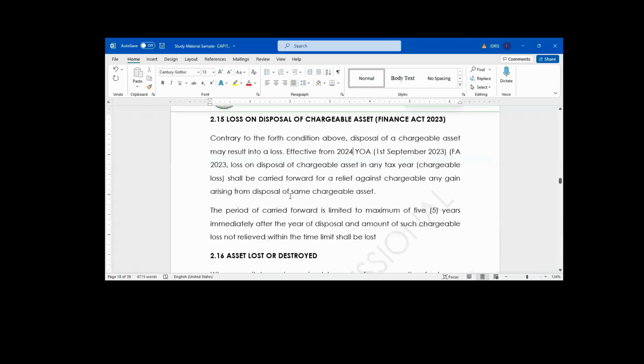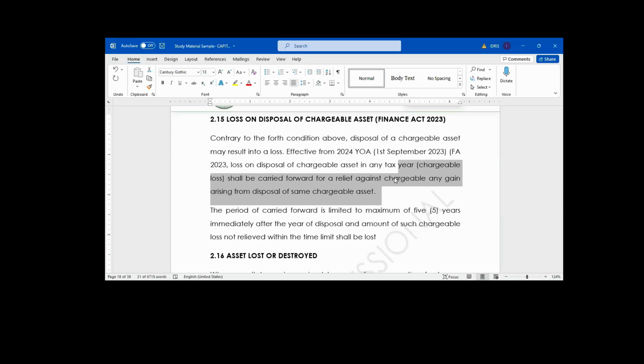What we are saying is you can relieve the capital loss against any gain arising from disposal of the same type of assets in the future, but you can only carry it forward for a maximum of how many years? 5 years.